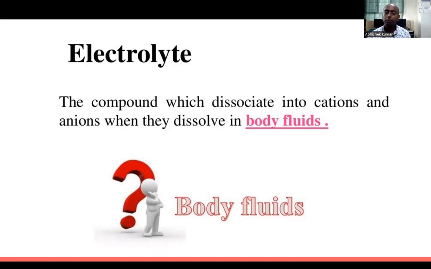So the question comes, what is body fluid? We already know that our body contains 70% water. That is body fluid. So let's move on to the topic.